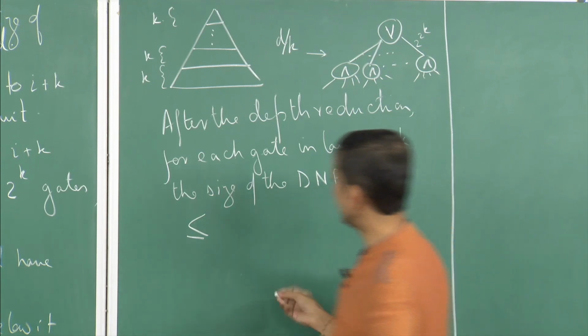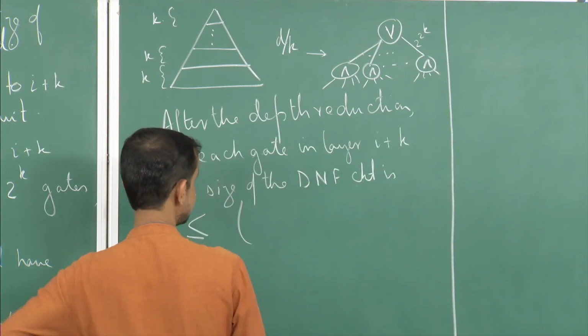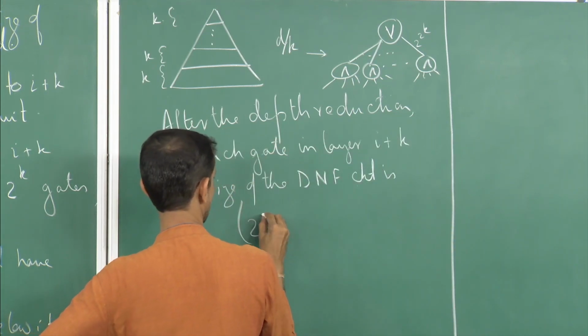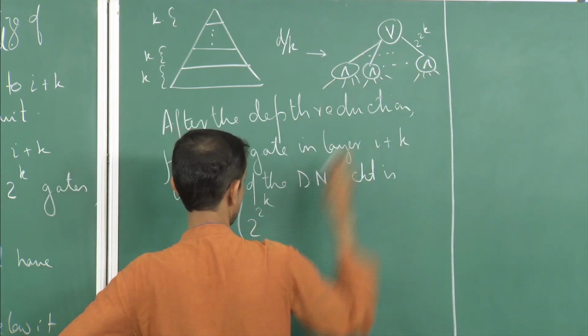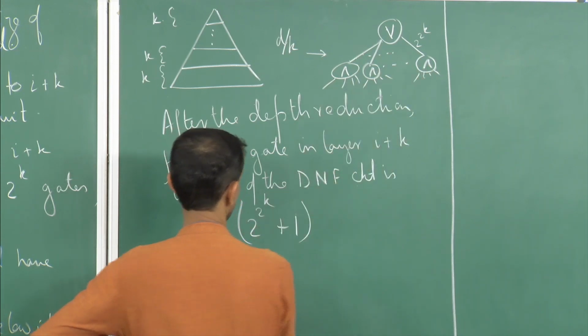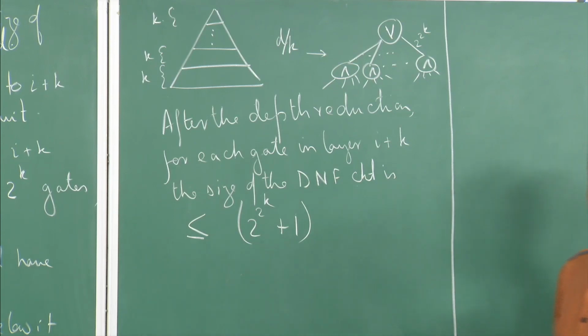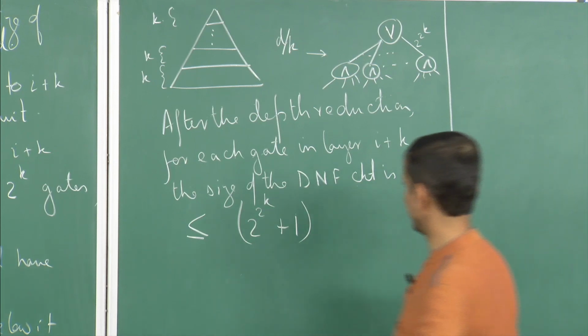So, what is the blow up in the size? For each gate my size is 2 to the power k many AND gates plus 1 OR gate. Of course, I will also have the NOT gates, but let us just count the AND and OR gates for the time being.